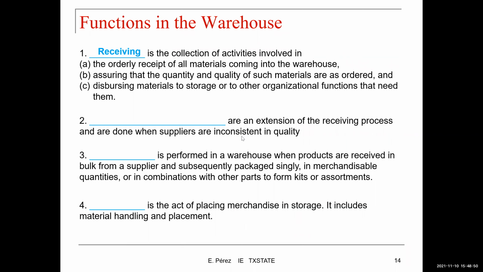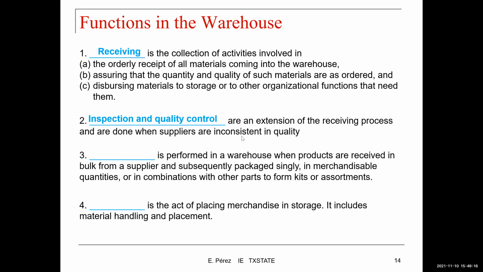So in terms of the functions, we have the receiving, which is the collection of activities involved in the orderly receipt of all materials coming into the warehouse, assuring that the quality and quantity of such materials are as ordered, and disbursing materials to storage or to other organizational functions that need them.